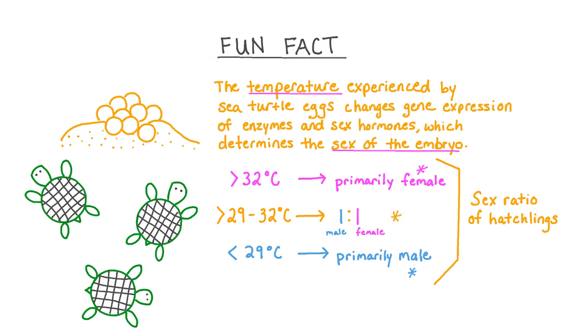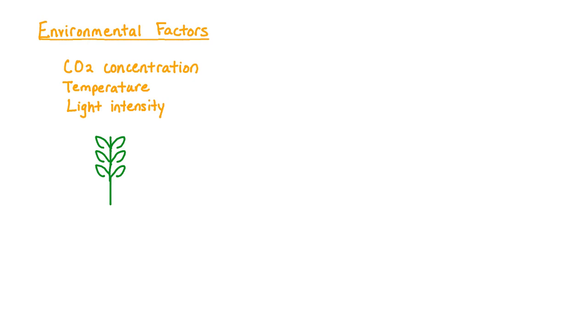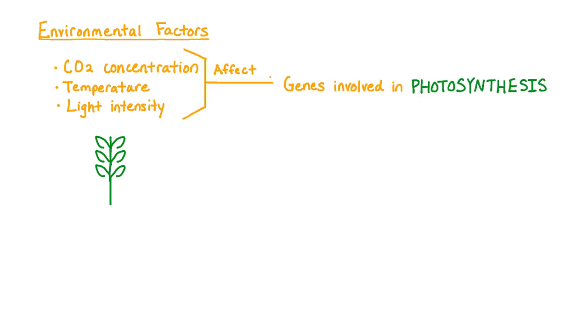This phenomenon occurs because the temperature experienced during egg incubation changes the expression of genes that code for various enzymes and sex hormones. Scientists continue to research the evolutionary advantage of this temperature-dependent sex determination. In plants, environmental factors such as carbon dioxide concentration, temperature, and light intensity affect the expression of genes involved in photosynthesis.